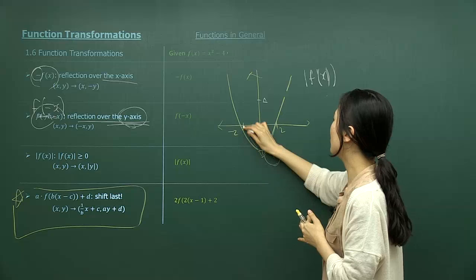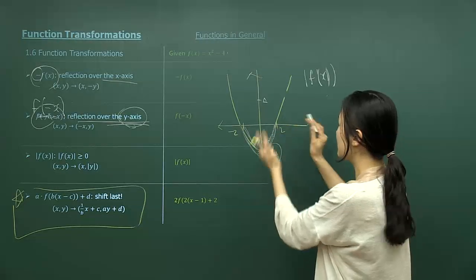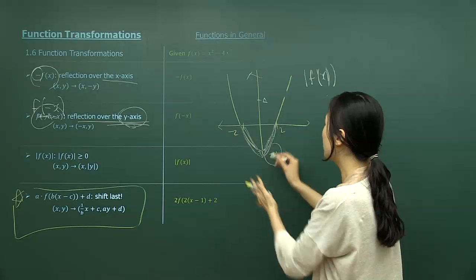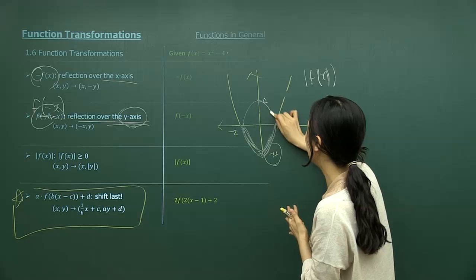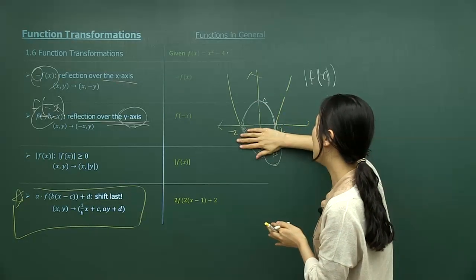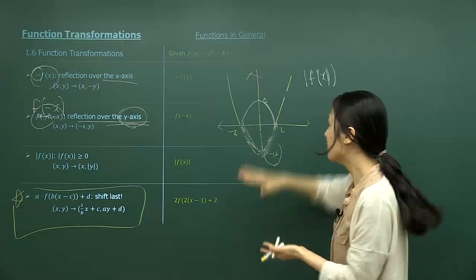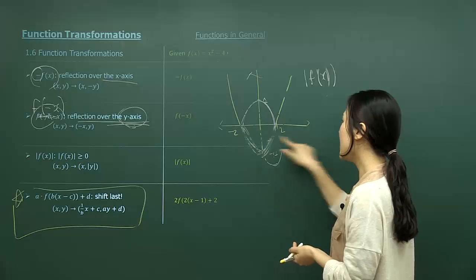What about values over here? Don't they all have negative values? When you put absolute sign around it, they all become positive. Hence, the entire part, again, gets reflected over the x-axis. So the part that was negative for the y, becomes positive. Hence, they go up over the x-axis.